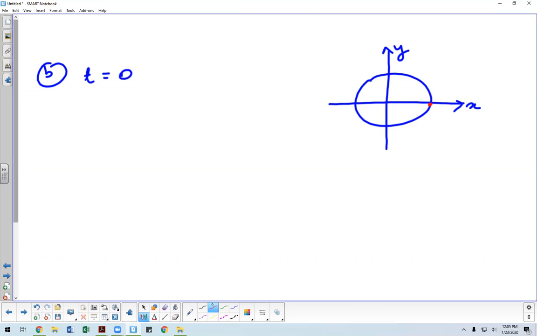So that is going to be the ordered pair 1 comma 0. So again, remember cosine is the first coordinate, sine is the second.